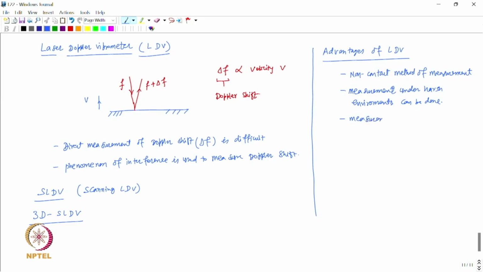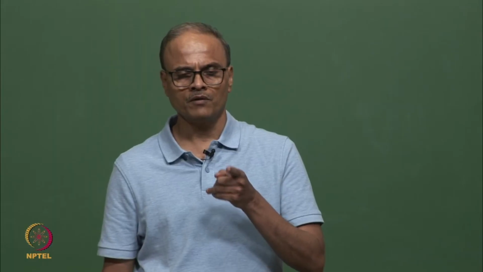Another advantage is that measurement from a large distance is possible. Even from 100 meters away, measurements can be done, because a laser beam is a very coherent source, a coherent beam, so it can travel over large distances.